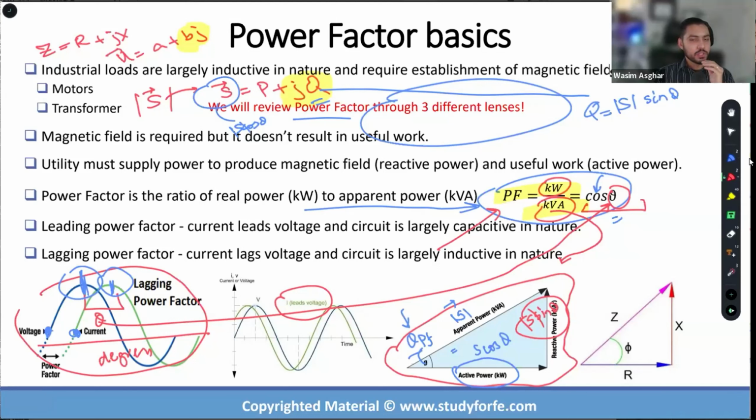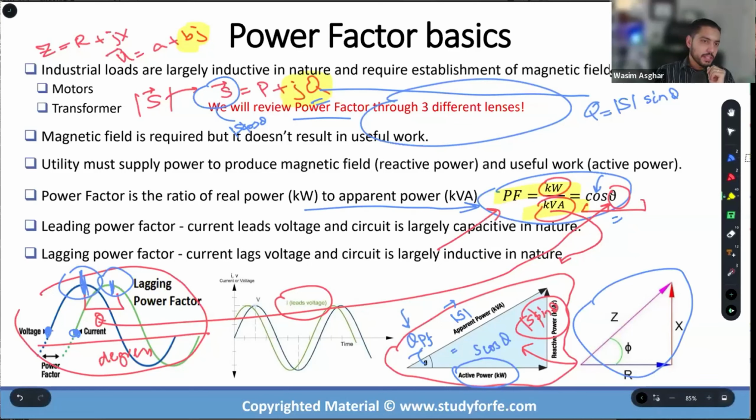But anybody who pretends to know power factor should be tested on something like this. Okay. And the third and final lens through which we are going to look at power factor is based on the impedance, based on the load, based on the composition of the load. How much real component we have in the load and how much imaginary component we have in the load.